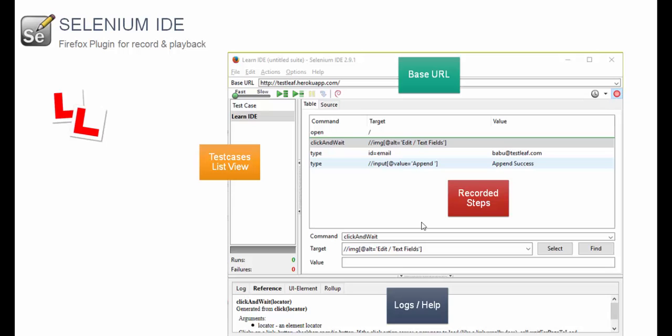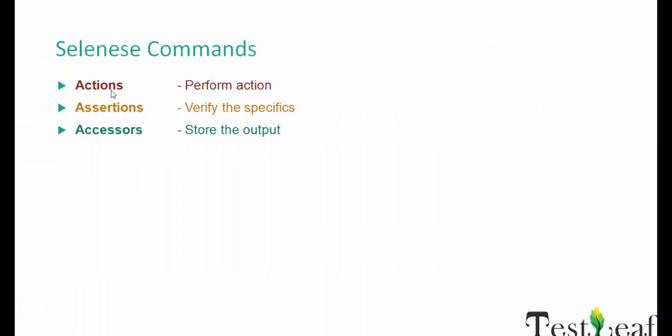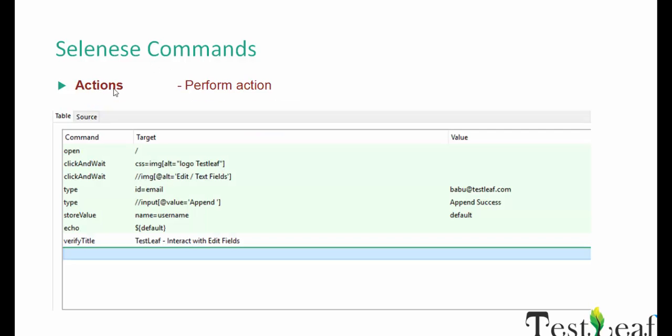Let's spend some time to understand how Selenium commands work. One is actions, where you perform actions. Assertions are all about your verification in your manual testing. Accessors are storing the output of your execution. Selenese commands, we said the first one is actions.